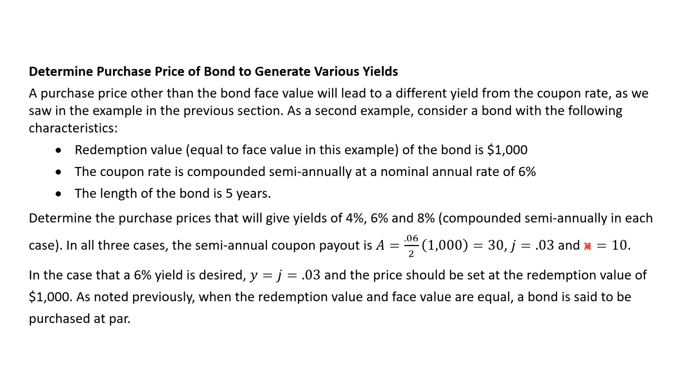And as we mentioned, there are 10 periods: 5 years, semi-annual, gives you 10 periods. So in the case of 6% yield, the desired yield and the coupon rate are the same. And so the price in that case should be set to the redemption value, which is $1,000. In that case, the bond is said to be purchased or sold at par. Let's look at the other two cases of 4% and 8% yield on the next slide.